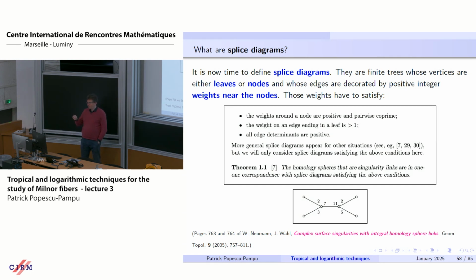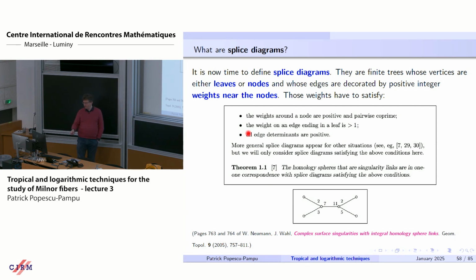So we have weights on the edges, but near the vertices, and in fact near the nodes. So you see here, in the neighborhood of this node, we have 3 weights on these 3 vertices. And now we have several conditions to be imposed.